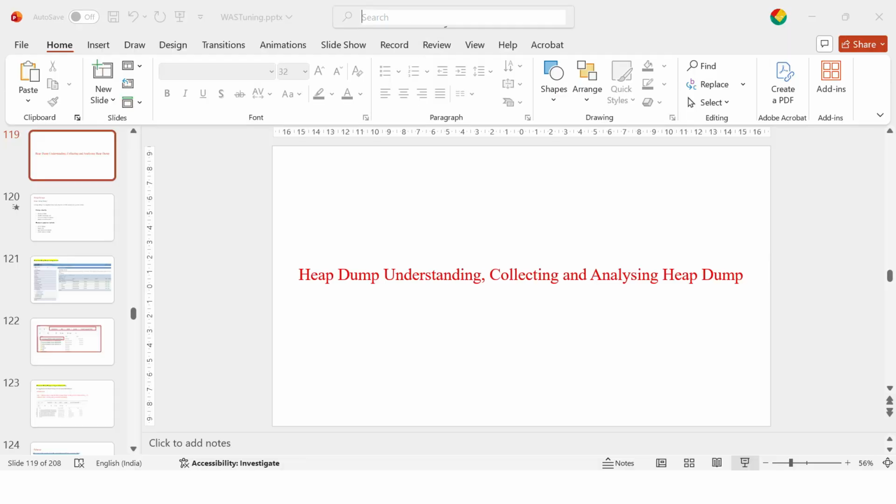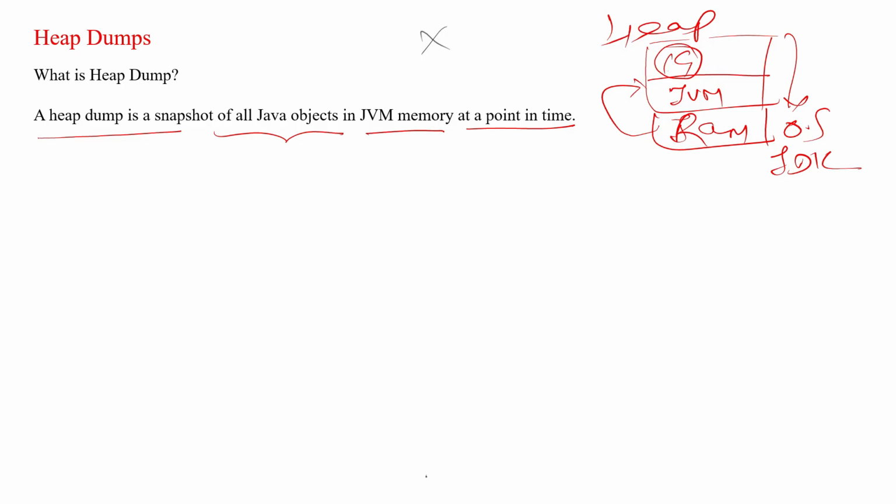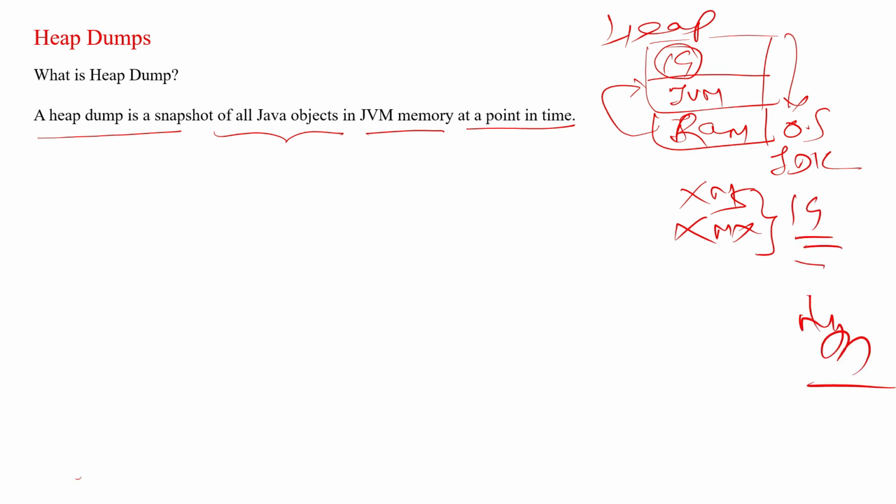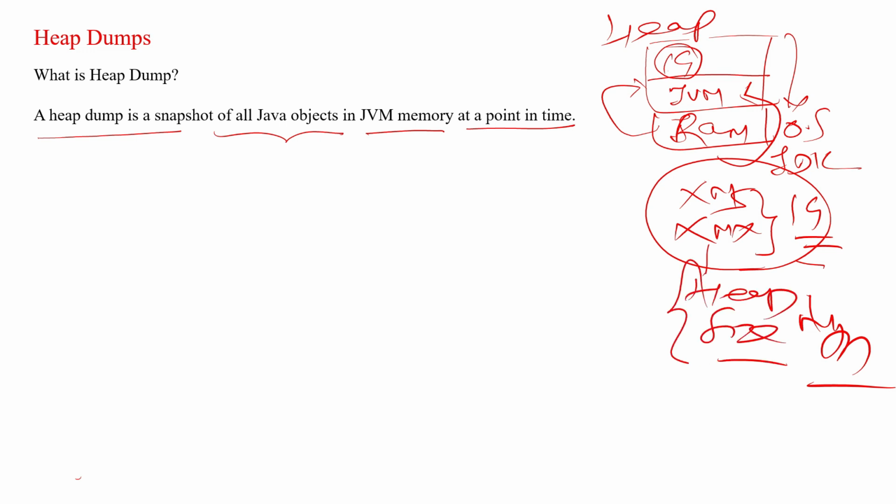I have defined the minimum and maximum heap size as 1 GB. So what will happen here? The 1 GB will be allocated to the JVM. This is the heap size of your JVM.